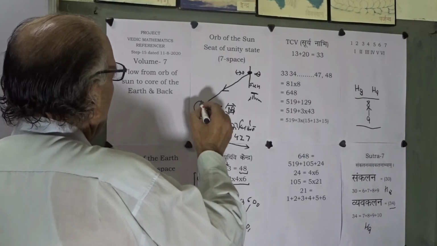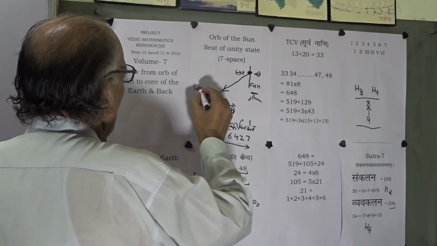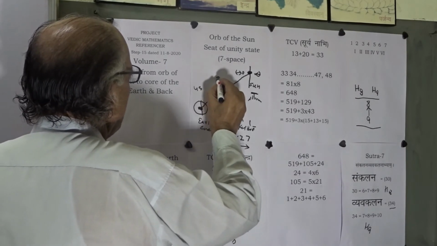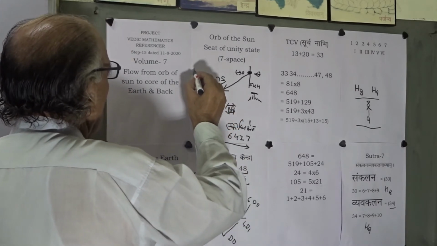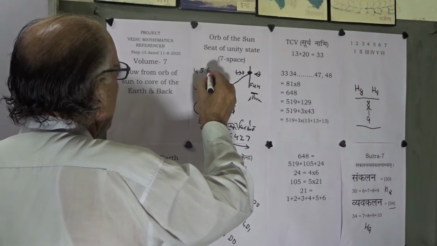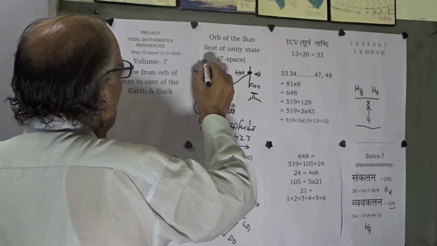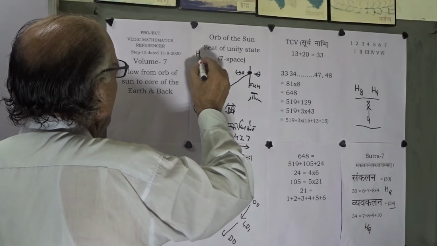So this coordination is from 4 space to 7 space, and we know that 4 space to 7 space would mean 4, 5, 6 and 7 of value 22, which is the value of hypercube 6.